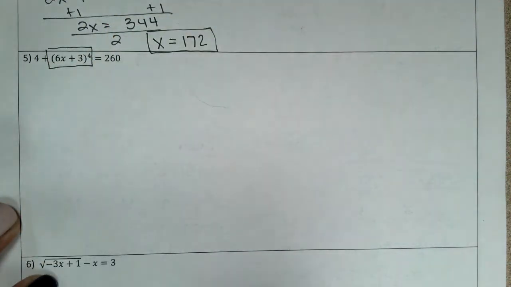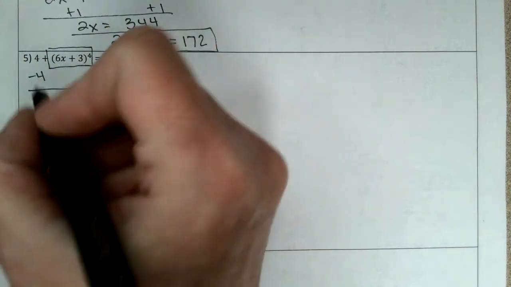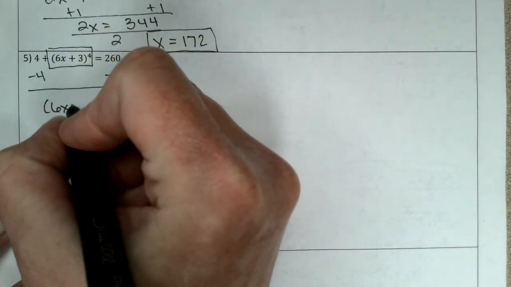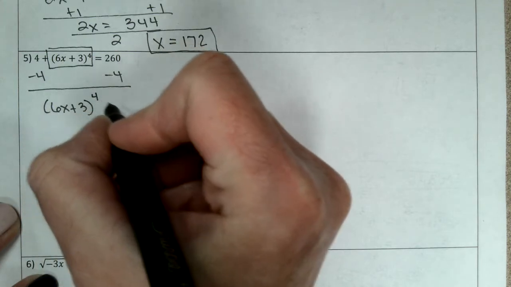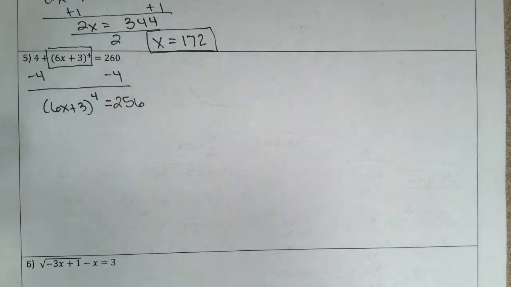We're going to have to isolate our power, and we're going to have to subtract 4 from both sides. So I have 6x plus 3 to the 4th equals 256.